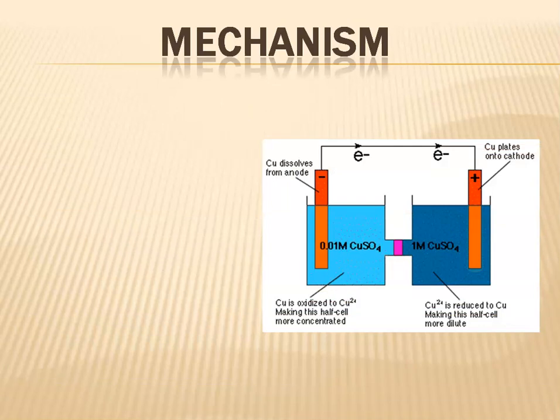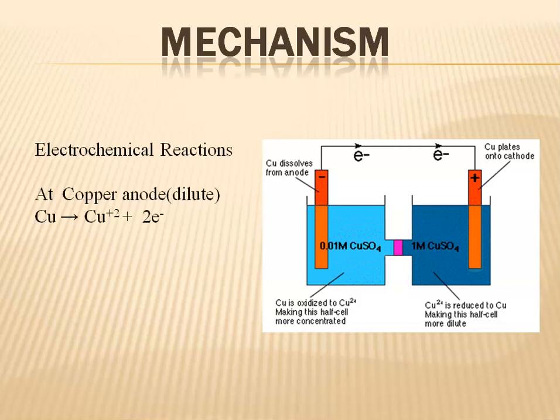So this is your cell, copper electrodes in copper sulfate electrolyte. In one, you have dilute electrolyte, and in two, you have concentrated electrolyte. What are the reactions?